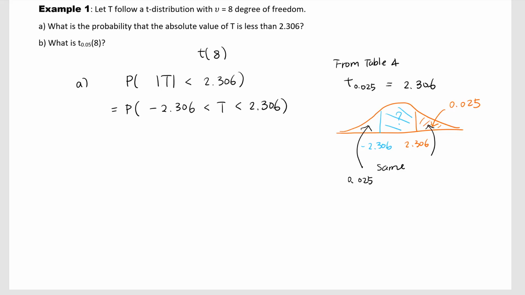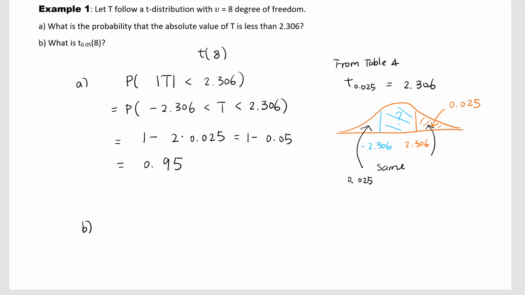Then what is the blue area? The blue area is 1 minus two copies of the orange area. So 1 minus 0.05 is 0.95. So far, so good, everybody? So this is the probability of the absolute value of t is less than 2.306. Alright, so that is part A.